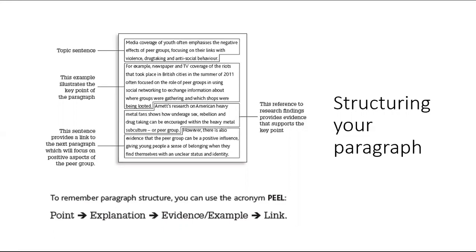You're going to give some kind of illustration that supports that example, and then you are going to link to the next paragraph or essentially close that paragraph. You can remember this by thinking P-E-E-L, peel. Make your point, which is your topic sentence, explain that point, give evidence or an example of it, and then link it.